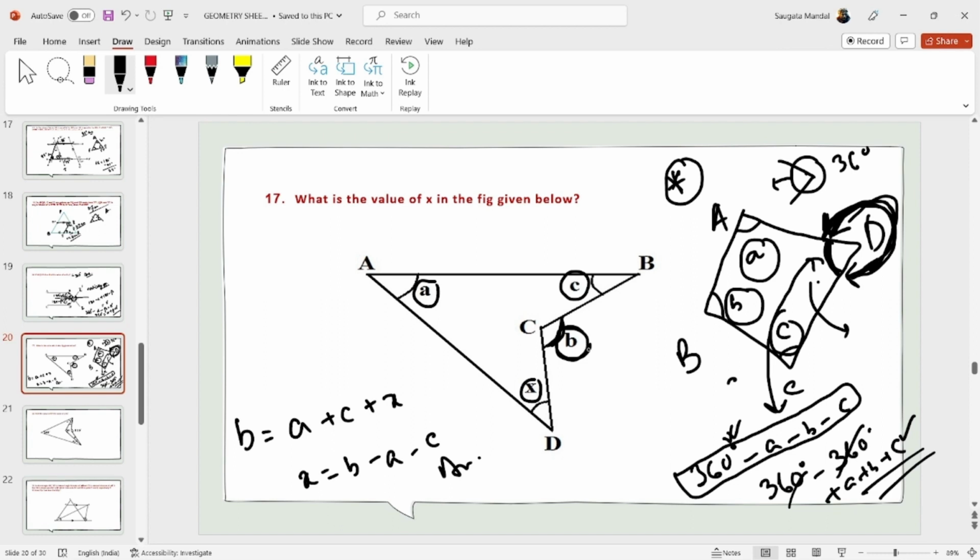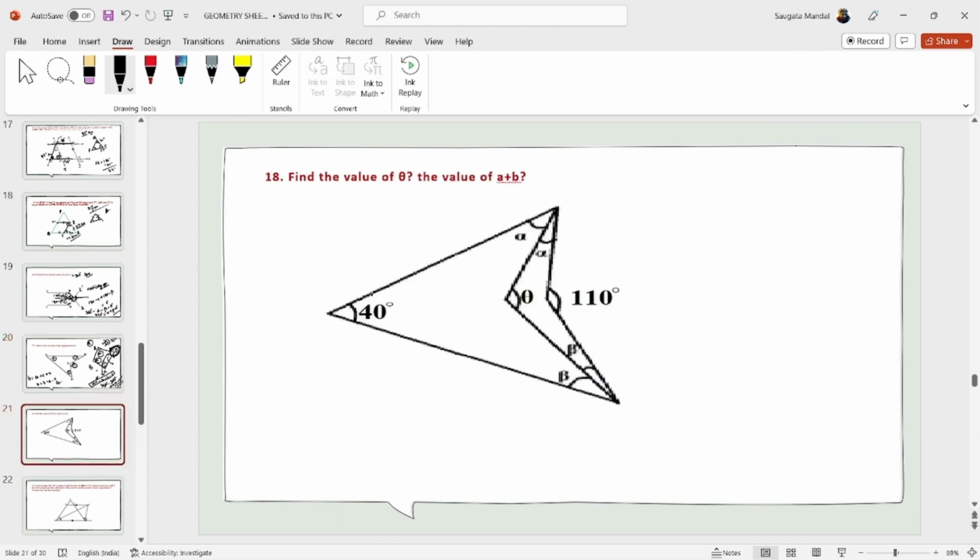That is the sum of the internal angles of this quadrilateral. That means B is equal to A plus C plus X. Here in the question it is said to find the value of X. So X is equal to B minus A minus C. Now move to the next question.